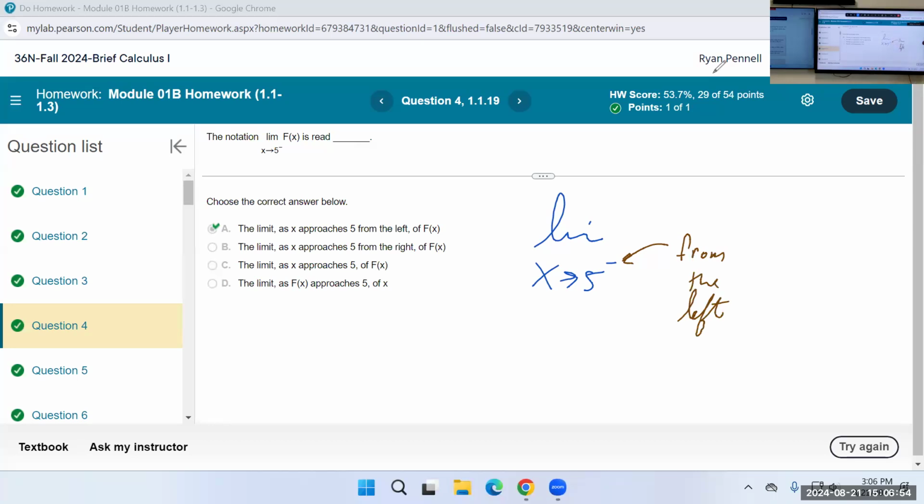The limit as x approaches 5 from the left. So that's the notation. So we have to know left and right.